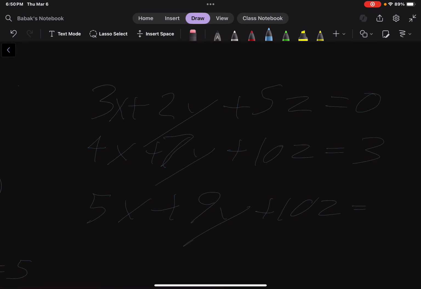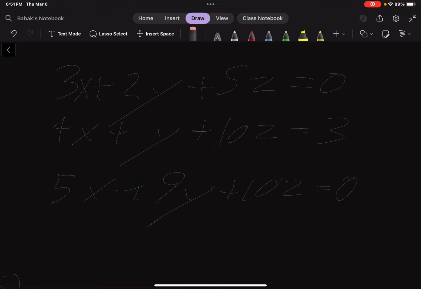If we have, for example, 3x plus 2y plus 5z is equal to 0, and we have 4x plus 7y plus 10z is equal to 3, and furthermore, if we have 5x plus 9y plus 10z is equal to, let's say, once again 0, well, that's a bit messy, let's fix that, 7.